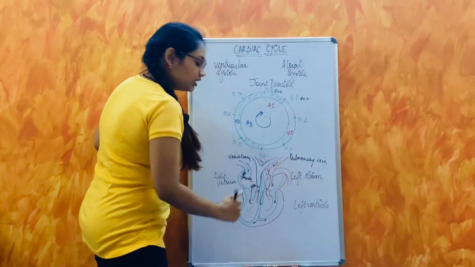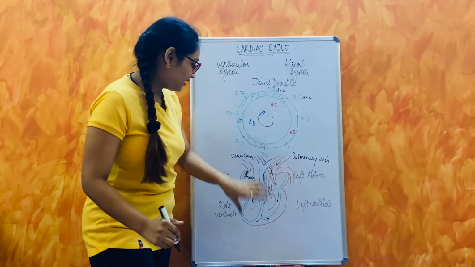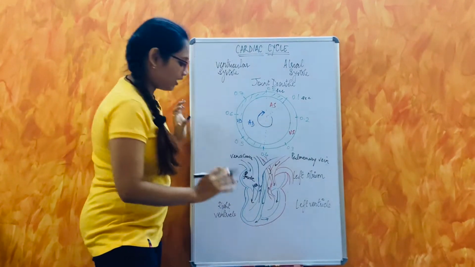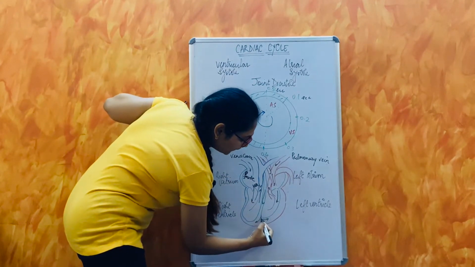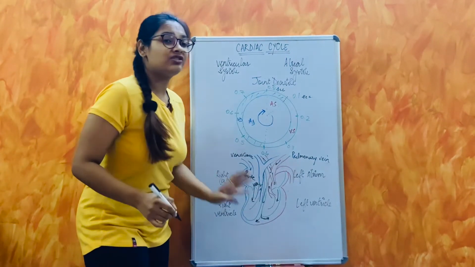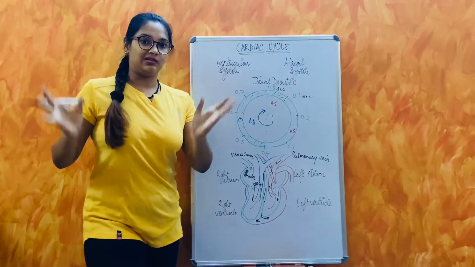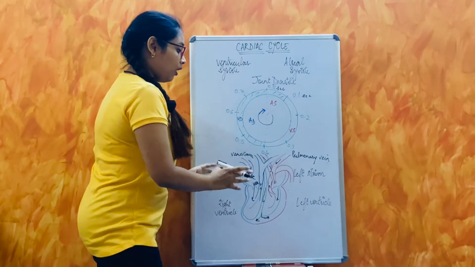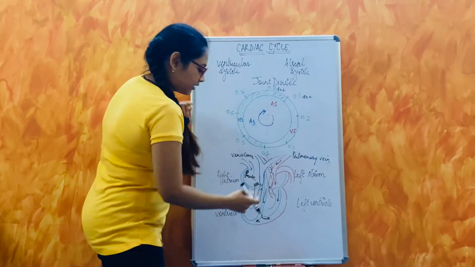So here we are, blood is in the right ventricle, and we are here where the Purkinje fibers are taking the action potential to the ventricular walls, the walls which contain the ventricular cardiac muscles.